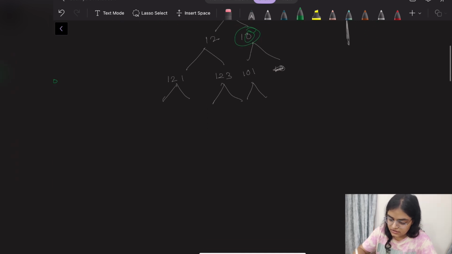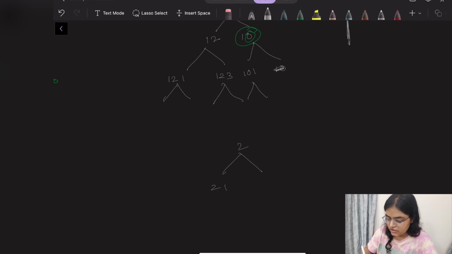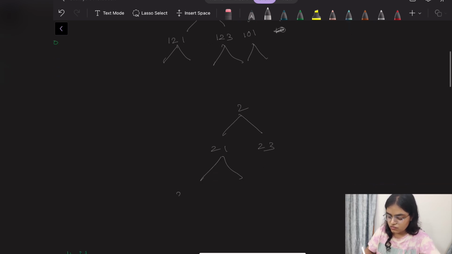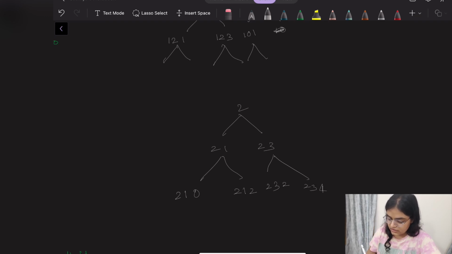Now let's take another example. We can take 2, then 21 and 23, and then for 21 we get 210 and 212, and for 23 it's 232 and 234, and then it will just move on.